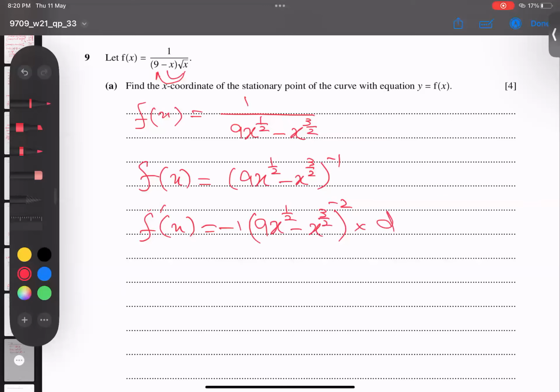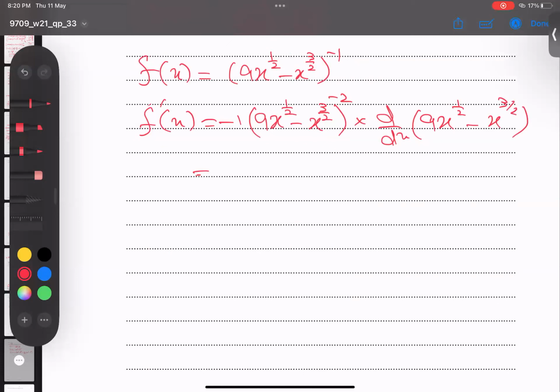Then the differentiation of the base. It means the base, 9x to power half minus x to power 3 by 2. I hope it is clear. After this simplification, let's complete this -1. I brought the whole thing in the denominator. It goes down. I get power 2 on the top and 9x to power half minus x to power 3 by 2.